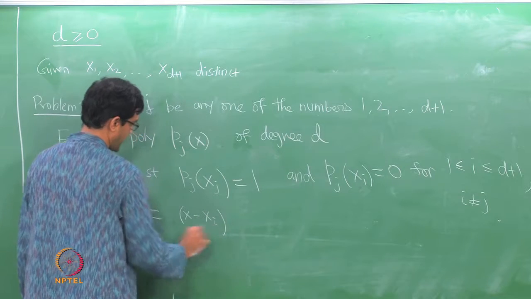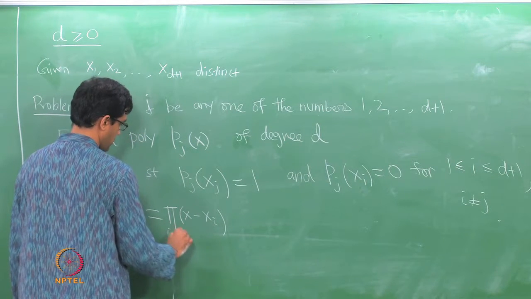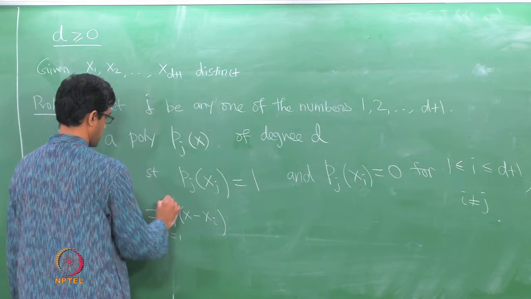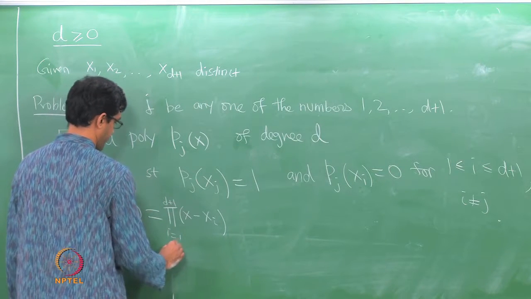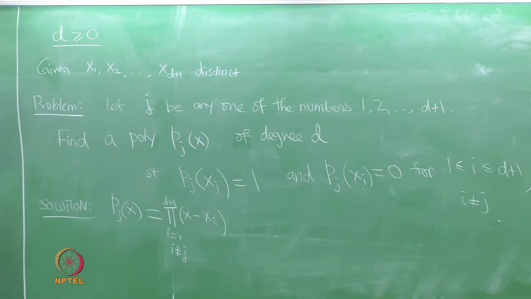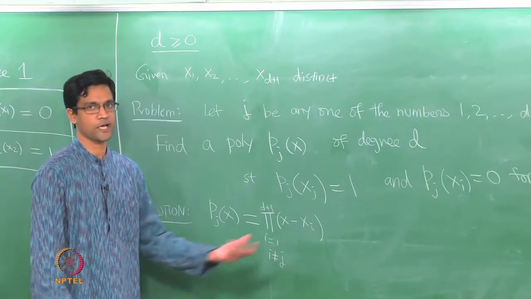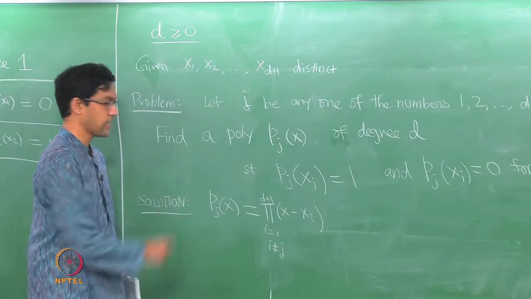In general, all the x minus xi's, so let us write it as a product. pj of x must certainly have all of these as factors, the product of all the x minus xi's except for i equal to j.